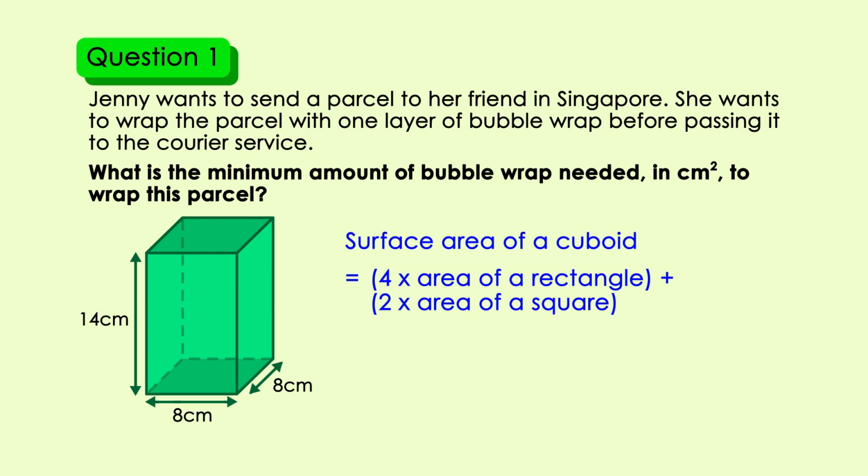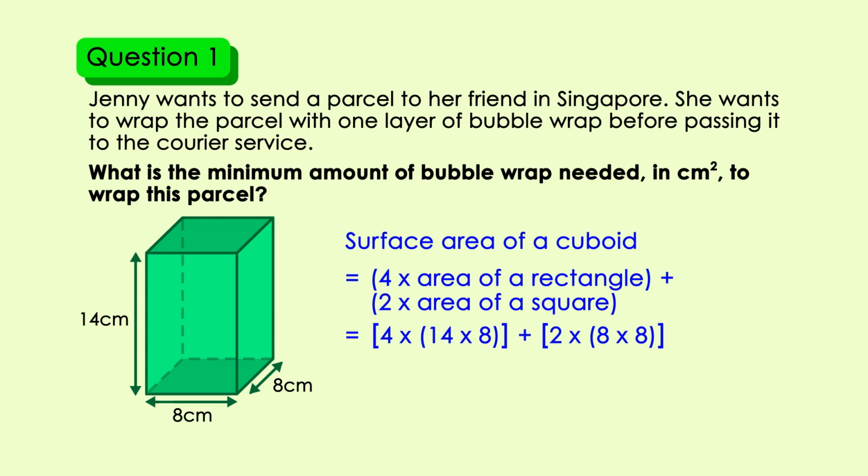Insert the values into the equation. 4 multiplied by 14 times 8 and add 2 multiplied by 8 times 8.